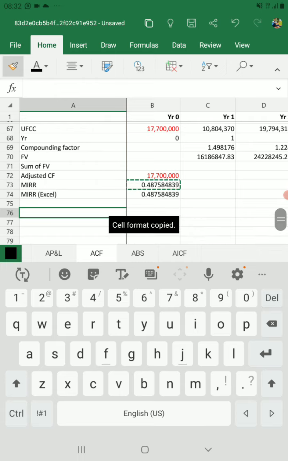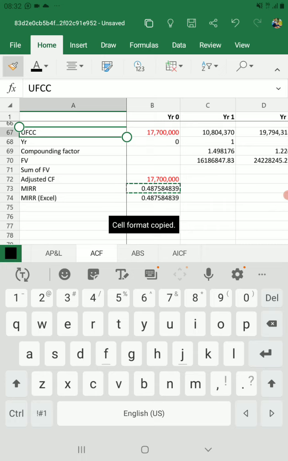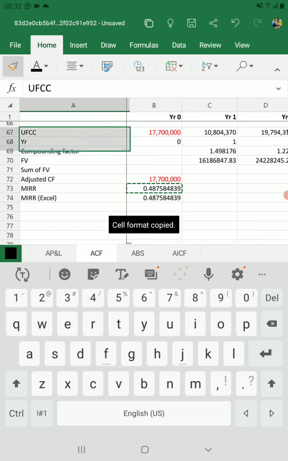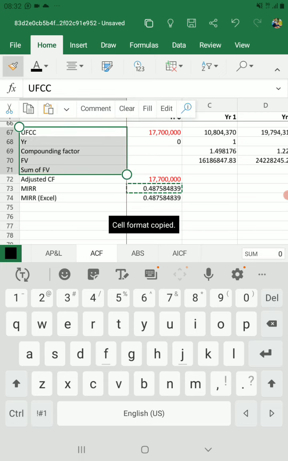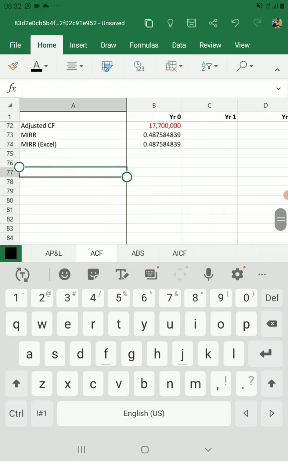So what I can do here is, let me copy this up to here, copy this and then bring them down here, paste.